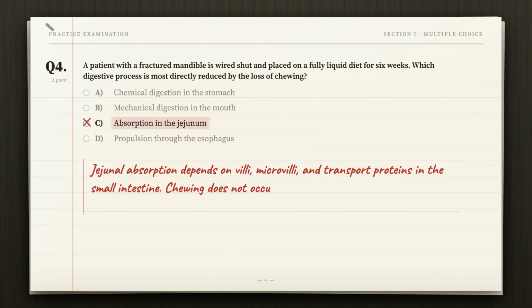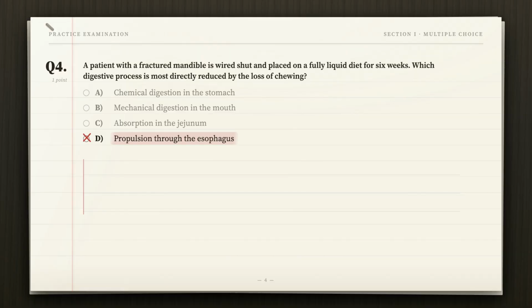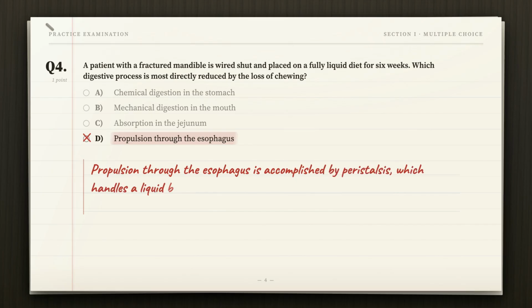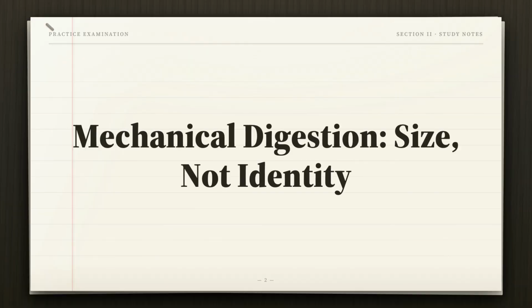Chewing does not occur there and does not determine absorptive capacity. D is wrong because propulsion through the esophagus is accomplished by peristalsis, which handles a liquid bolus as readily as a chewed one. Swallowing is not impaired by the absence of chewing. Mechanical digestion rarely gets the credit enzymes do, but it does enormous work.